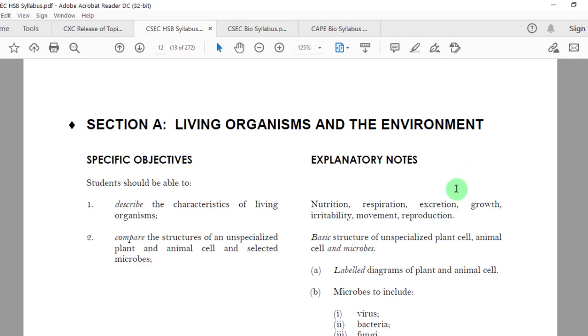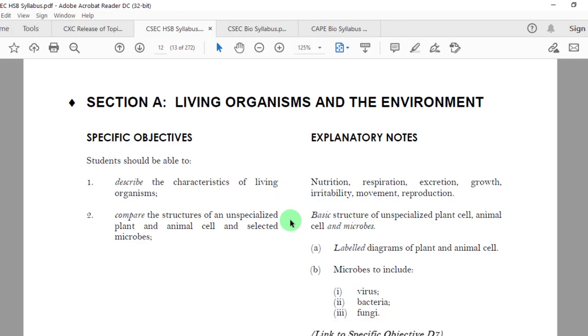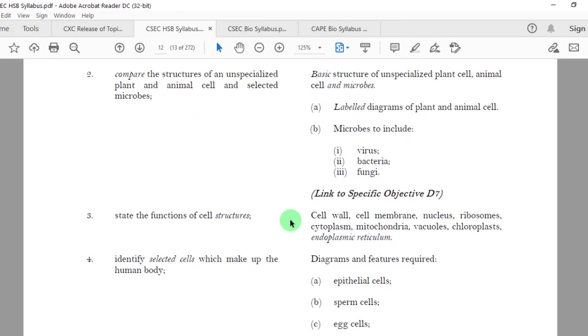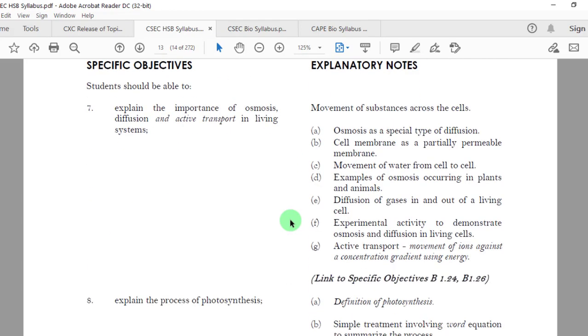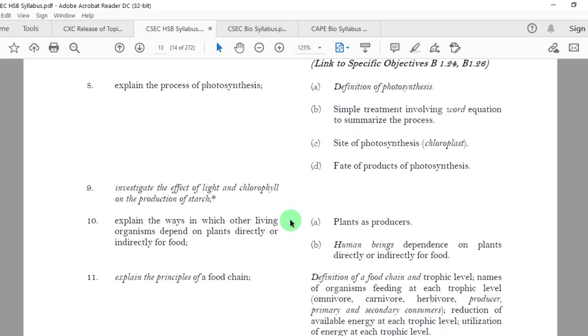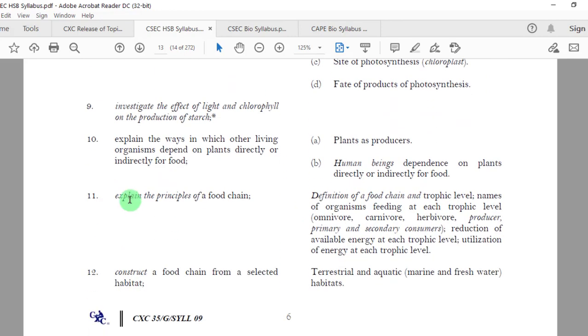It covers a wide range of topics. You're going from characteristics of living organisms to the cell, etc., right? Cell specialization, osmosis, diffusion, photosynthesis, and then we come to food chains. So my interpretation of that sentence is to say that the focus will be on section A. The first topic is section A, but it's the part of section A that focuses on the food chain.